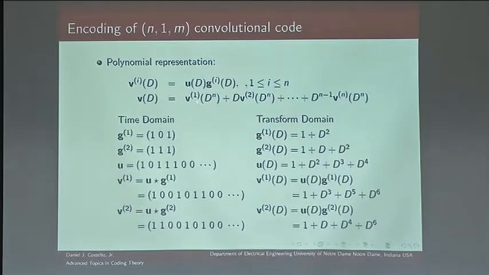You take the v1 sequence and replace D by D squared, take the v2 sequence, replace D by D squared, and delay the v2 sequence by 1, and then you get these two sequences interleaved together as one sequence. You can check, just write one out if you want and see that that's a way you can represent it.